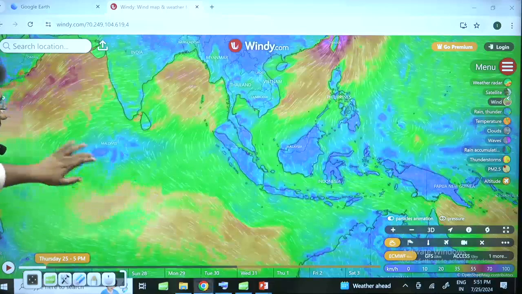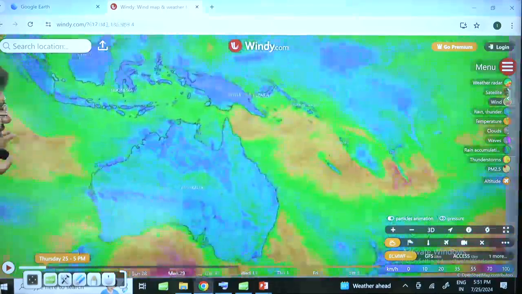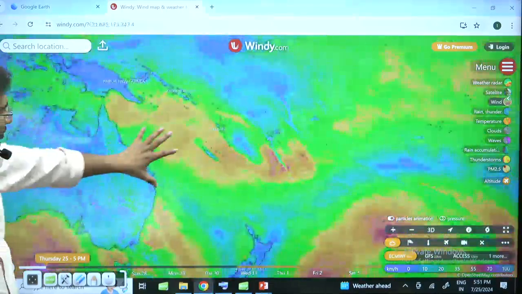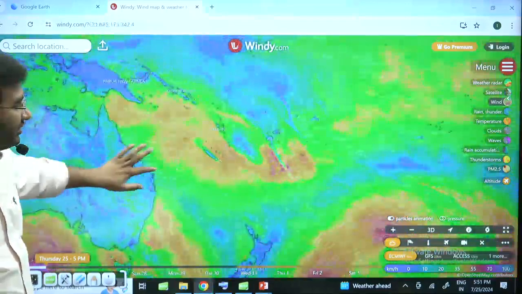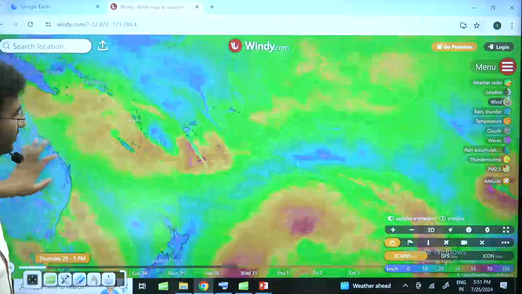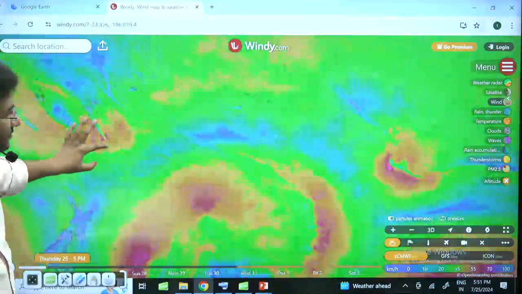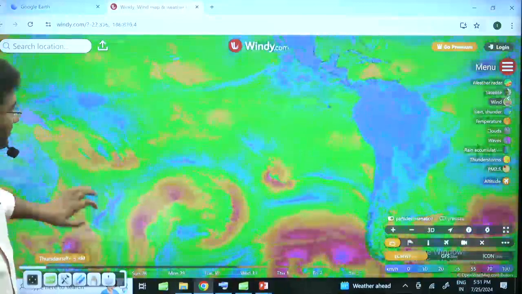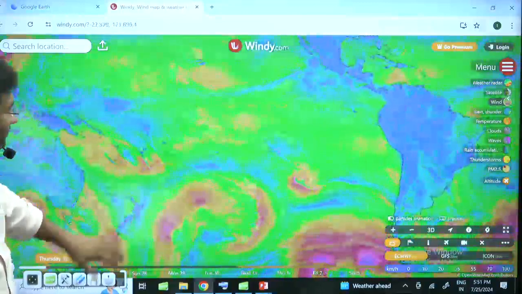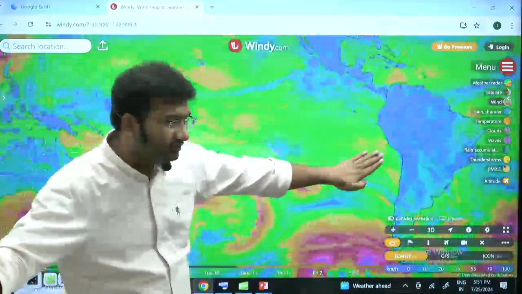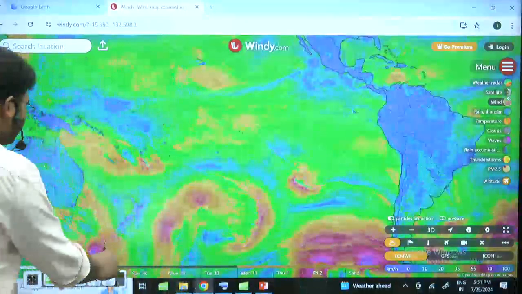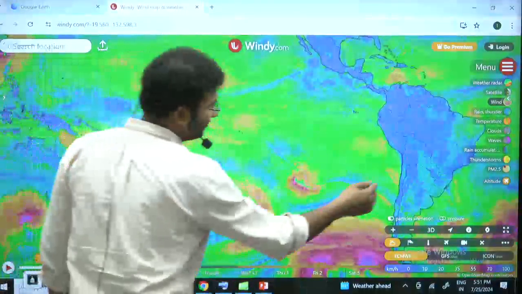See, watch this. This is our normal year. Can you see warm on the Australia? Now I'll take you to South America. Comparatively, it is colder. So how is the wind direction moving? This is the wind. Okay?